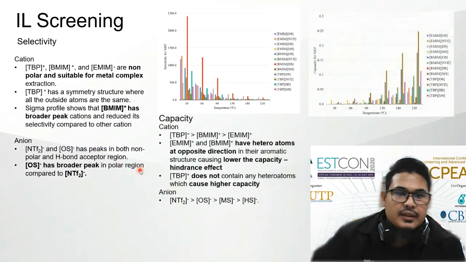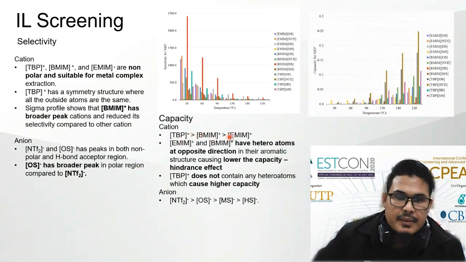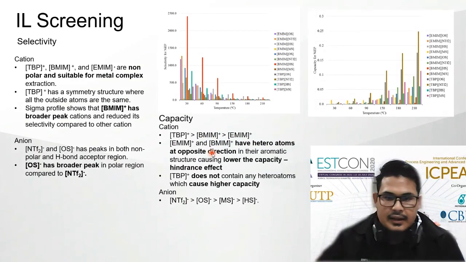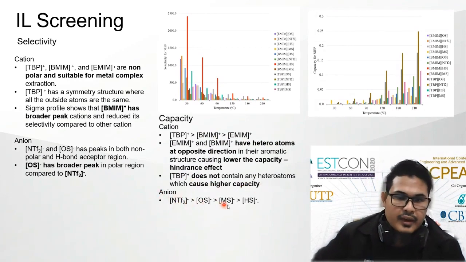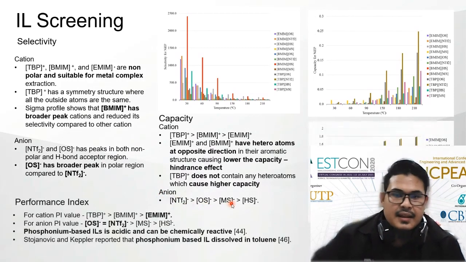If we look into capacity, TBP performs better compared to BMIM and EMIM because of the hindrance effect in BMIM and EMIM, which have heteroatoms in the opposite direction of the aromatic structure, while TBP doesn't have that, which causes higher capacity. For anions, NTf2 performs better compared to OS, MS, and also HS. And we combine it together to become a performance index.